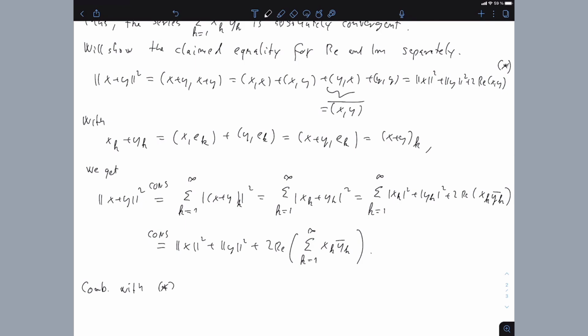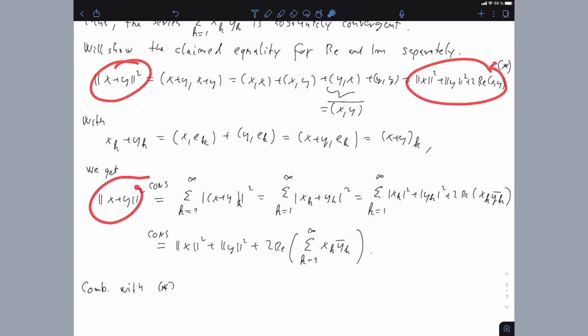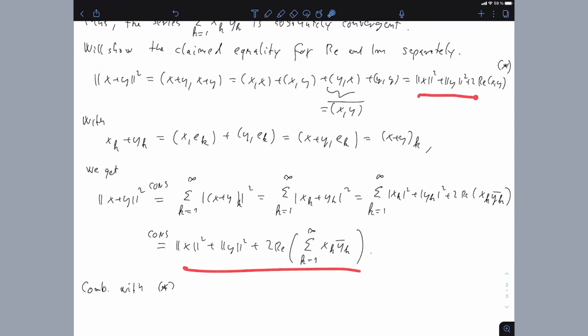Because let's look back at star. So we have this representation for the norm of x plus y squared. And now we have a different representation for the norm of x plus y squared. So that means these two things are the same. But since these objects share the norm of x squared and the norm of y squared, we can just cancel them.